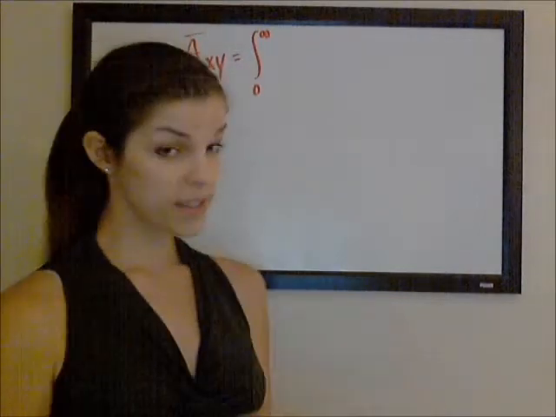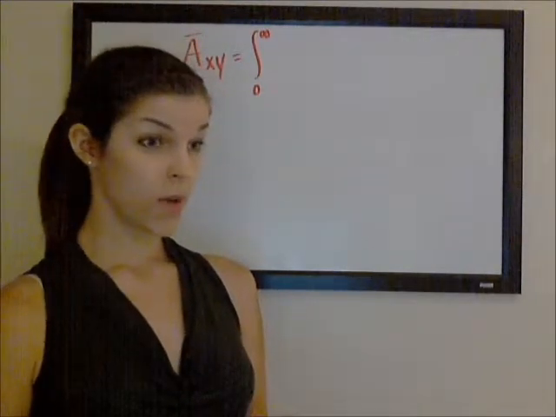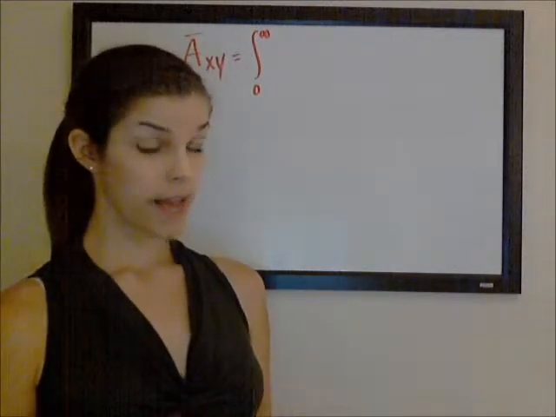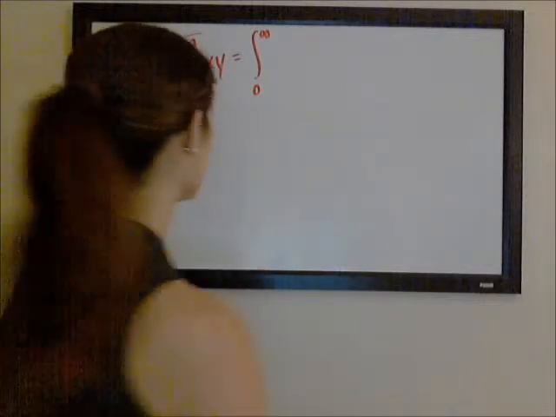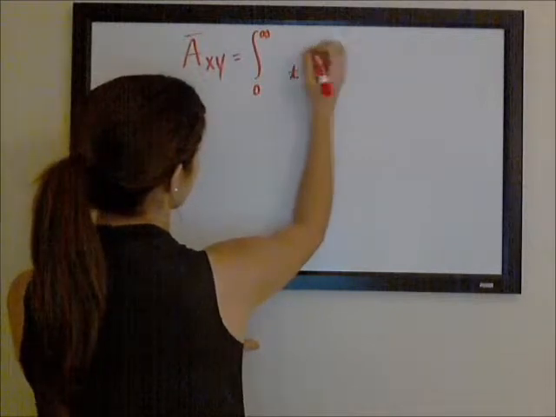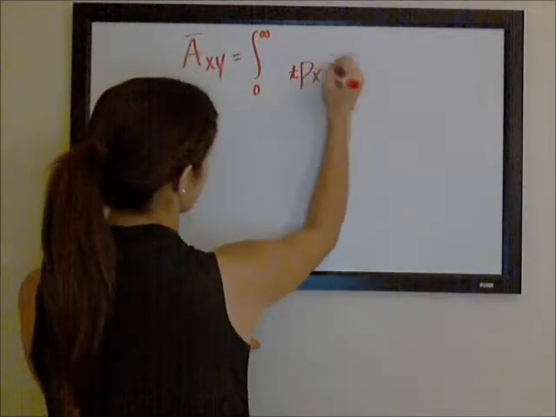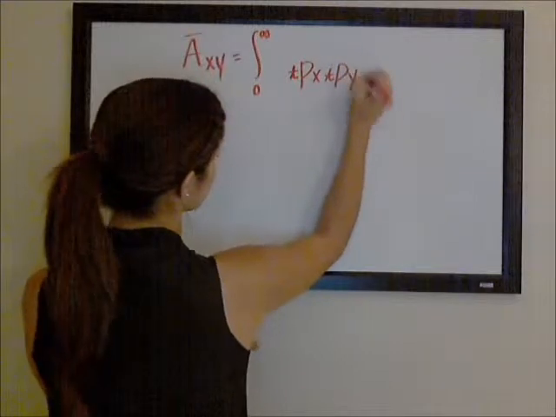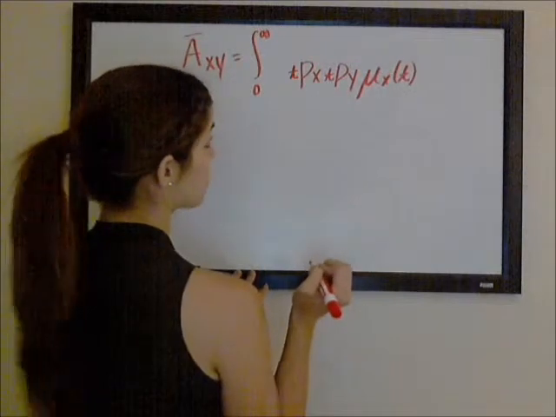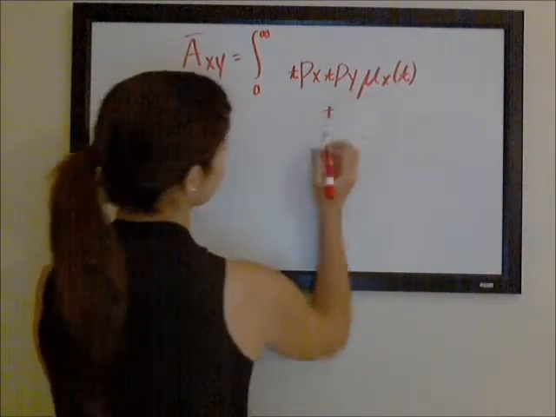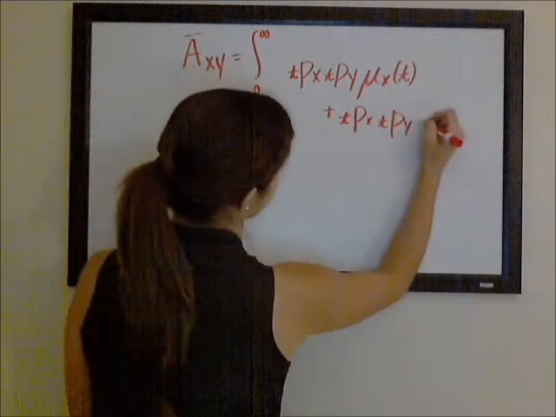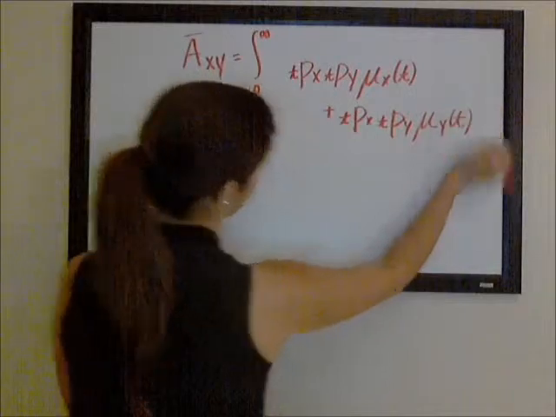Well, now we have two possibilities. Either this is paying when X dies, if X dies first, or at the death of Y, if Y dies first. So we either have they both survive and then X dies in that next moment, or they both survive and then Y dies in that next moment.